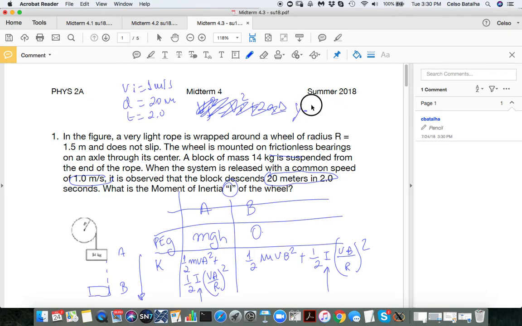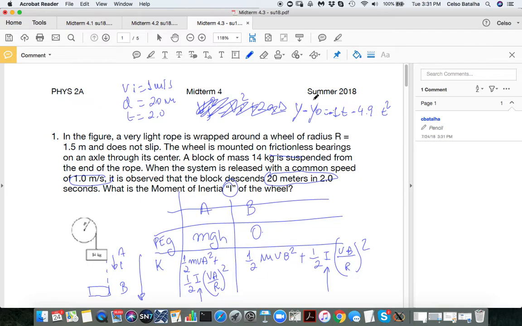Final minus initial position is equal to v naught t minus 4.9 t squared. Let me see if my signs are correct. In the initial state, this block is going down at 1 meter per second, so the speed has to be negative. We have to have a negative sign there.